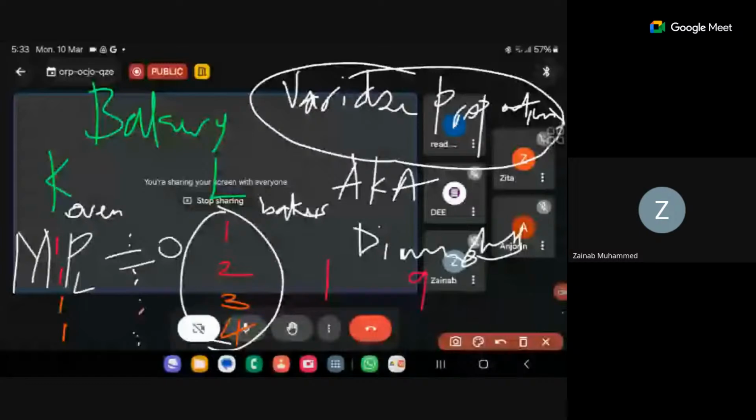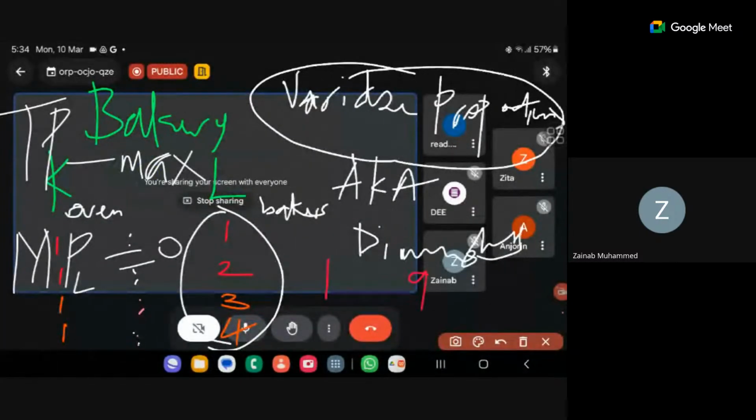At that point, when total is maximum, then marginal has to be zero.